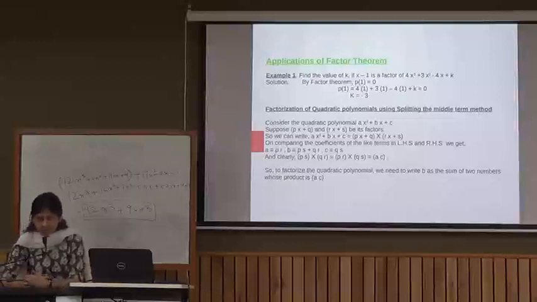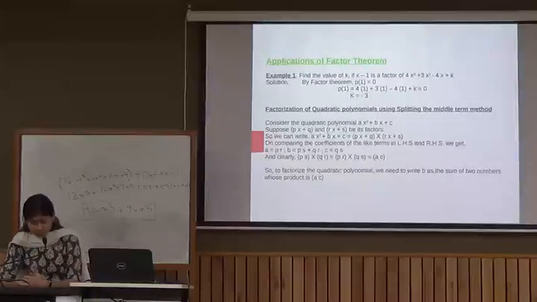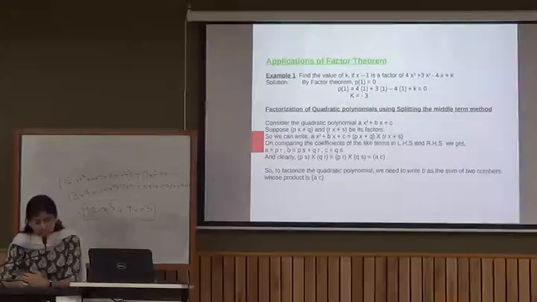Now, understanding factorization of quadratic polynomials using splitting the middle term method. Consider the general form of a quadratic polynomial ax squared plus bx plus c, where a must be non-zero. Now here, suppose (px plus q) and (rx plus s) be its factors. So we can write ax squared plus bx plus c as a product of these two factors.